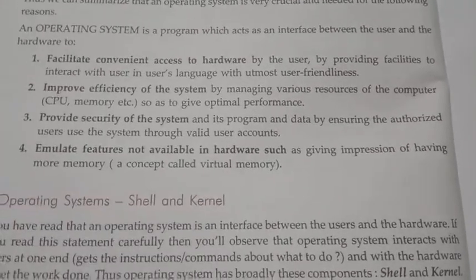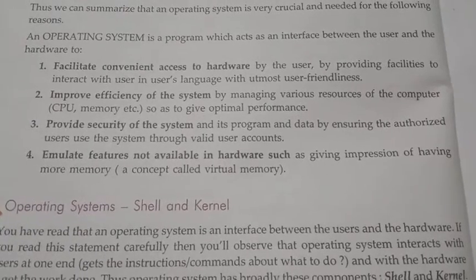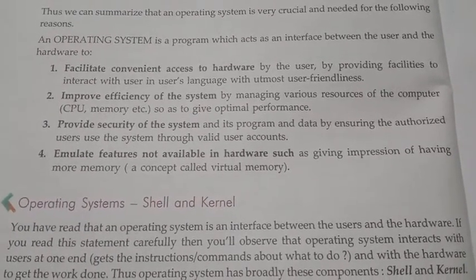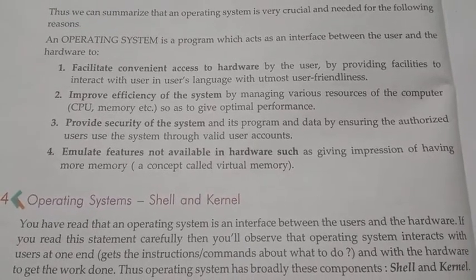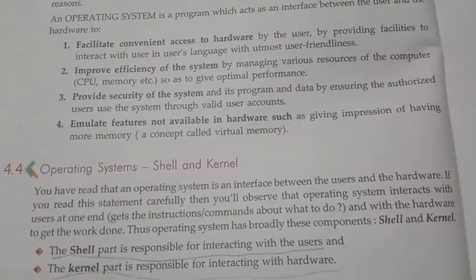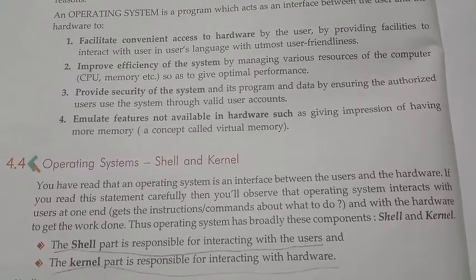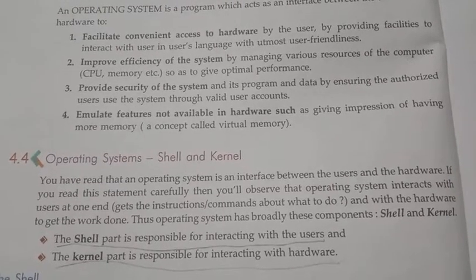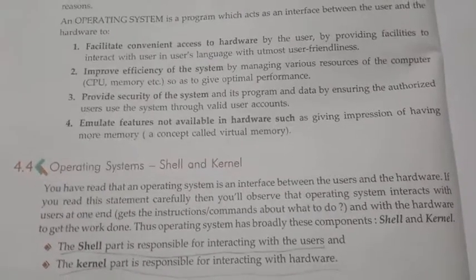Then the operating system improves the efficiency of the system. Efficiency means the speed of the system, speed, memory, etc. It is clearly written in bracket, CPU and the memory. It also provides the security of the system, which means that only authorized users can access the data.